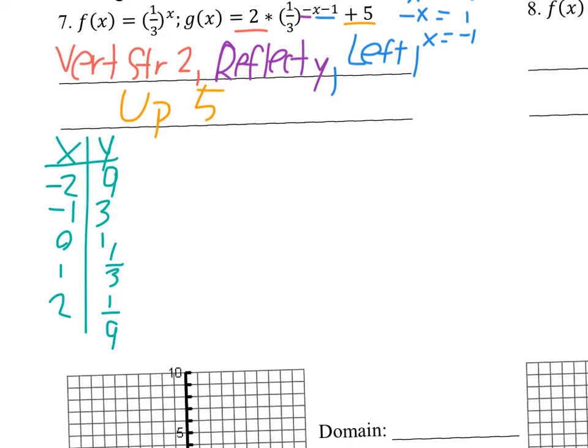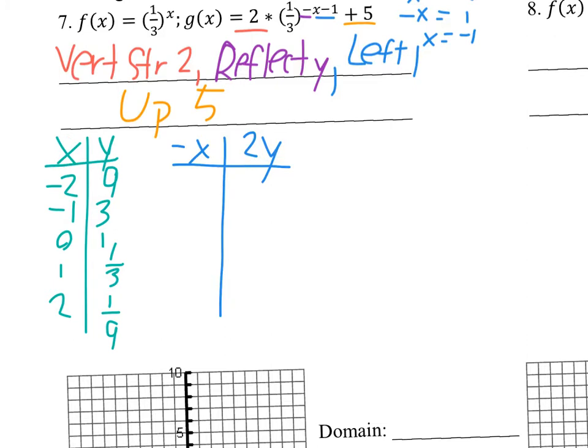Our second table deals with our multiplication and division. Well, we're reflecting this over the y-axis, which means our x values are being multiplied by -1. And we also have a vertical stretch of 2. That means our y values are being multiplied by 2. Going to take a look at our previous table. Our minus x is going to be negative whatever this column was.